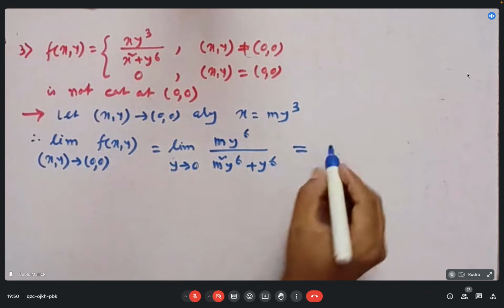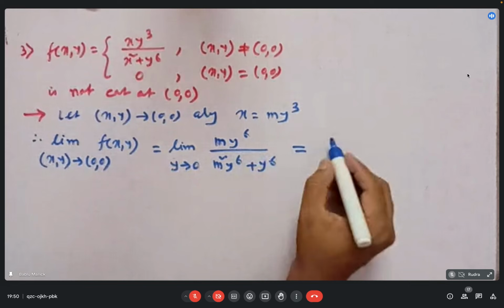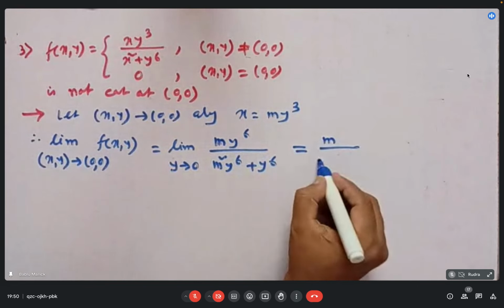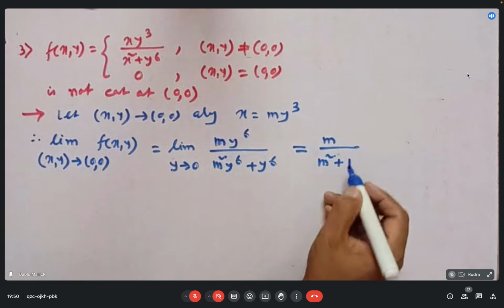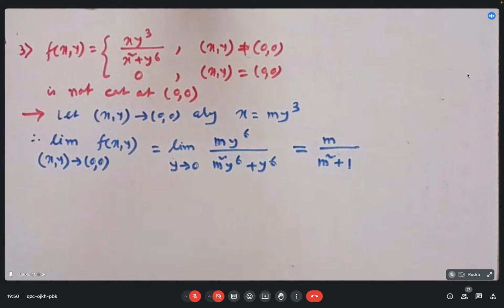There is no x. After cancelling y to the power 6, it is m divided by m square plus 1, which is different for different values of m.